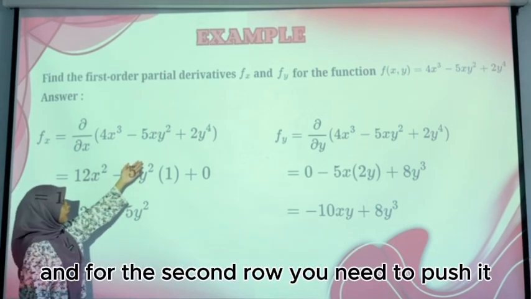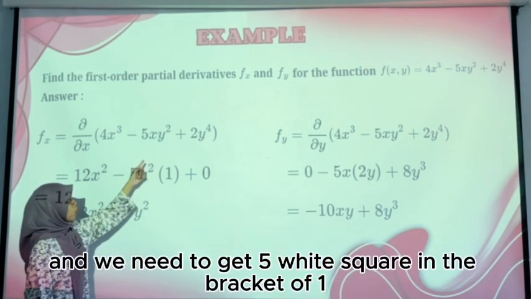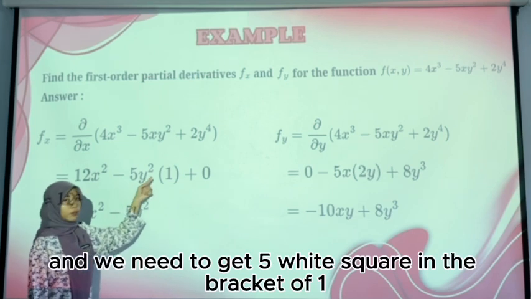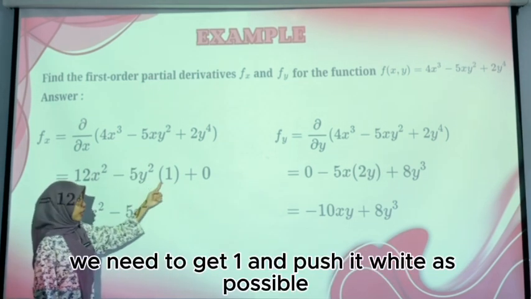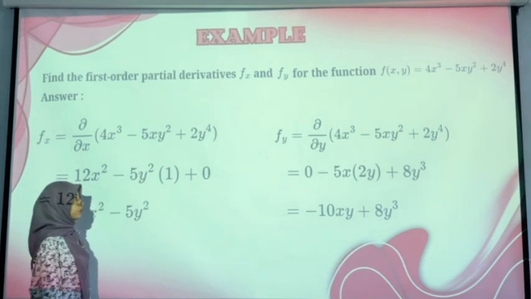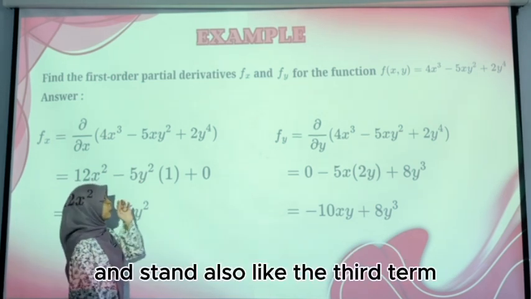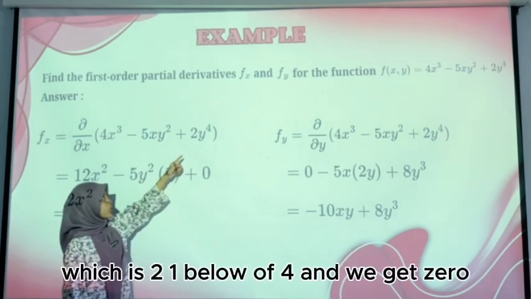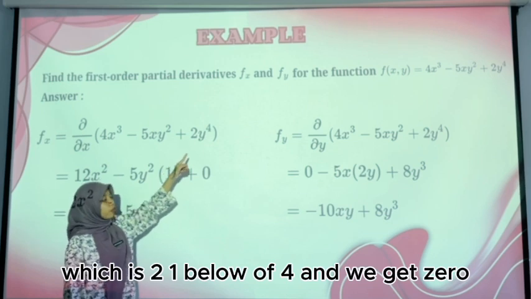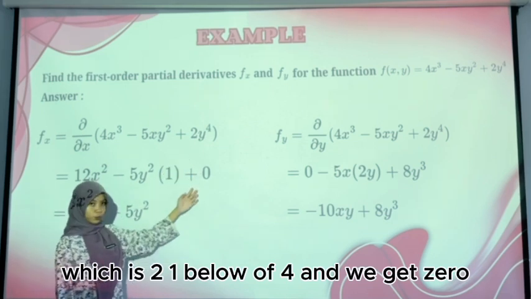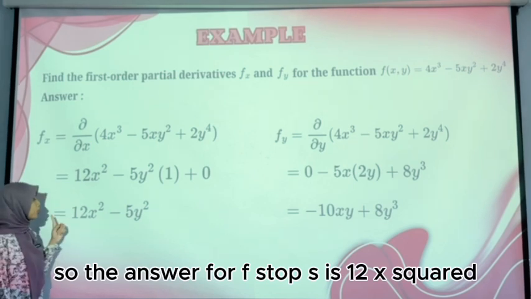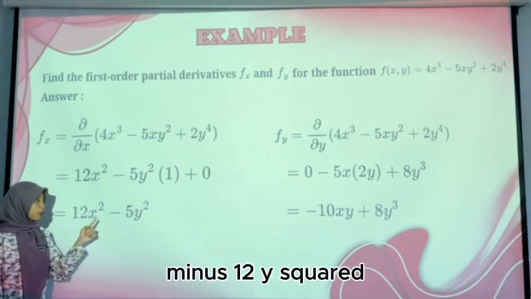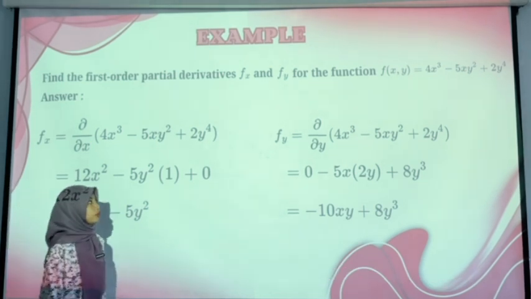For the second term, we differentiate and get 5y squared, since differentiating x gives 1 and we treat y as a constant. For the third term, 2y to the power of 4, we get 0. So the answer for f sub x is 12x squared minus 5y squared.